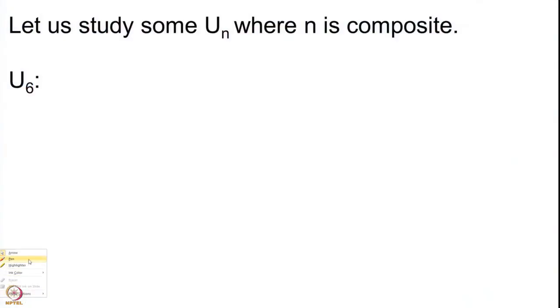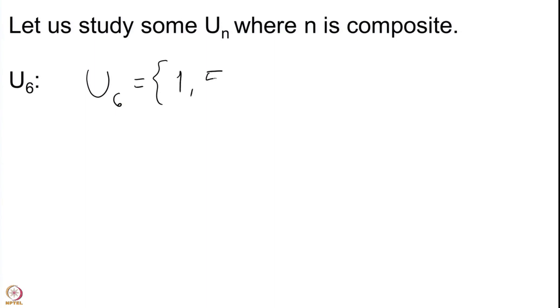We now study U_n slightly more in detail, where n is a composite number. Let us compute these things for some small values of n. First of all we look at U_6. 6 is the smallest number which is divisible by two different primes. U_6 has elements which are co-prime to 6, which are co-prime to 2 and 3.